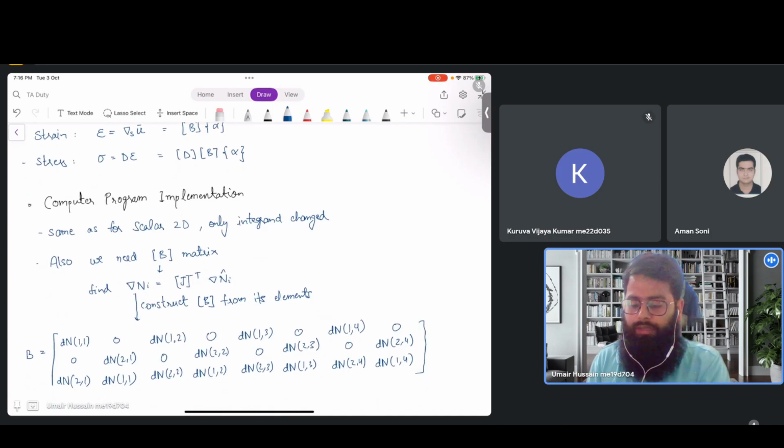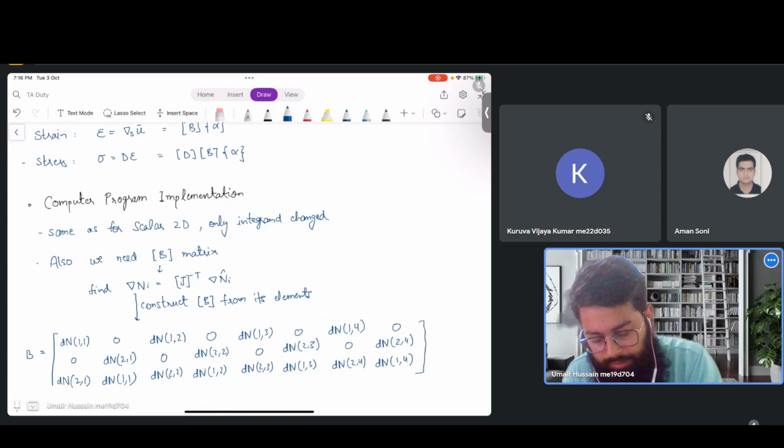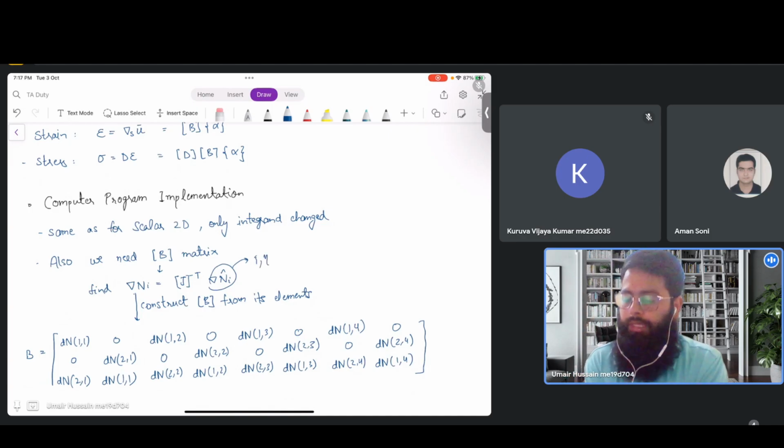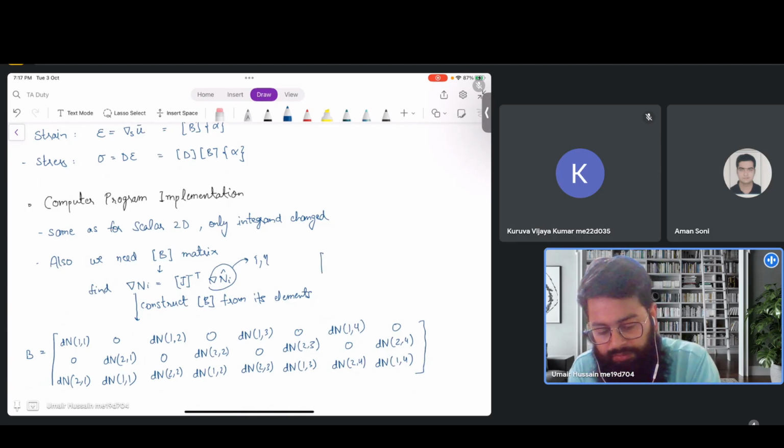We find the gradient of Ni in terms of the natural coordinates. This will give us the gradient in the zeta eta coordinate system, and if we multiply it by the transpose of the inverse of the Jacobian matrix, we get our gradient Ni matrix in the xy coordinate system.